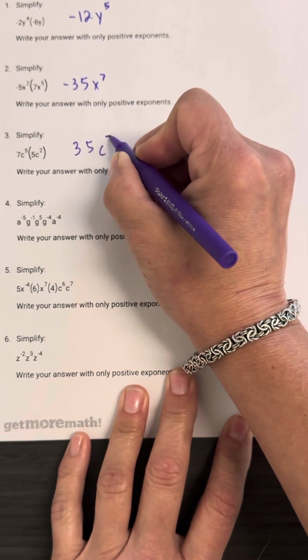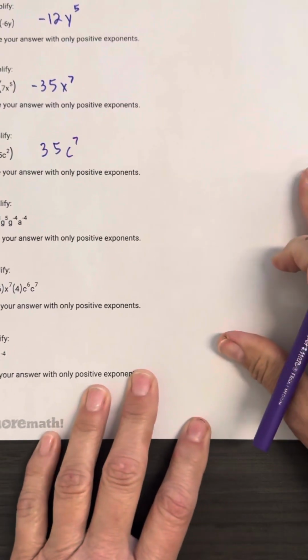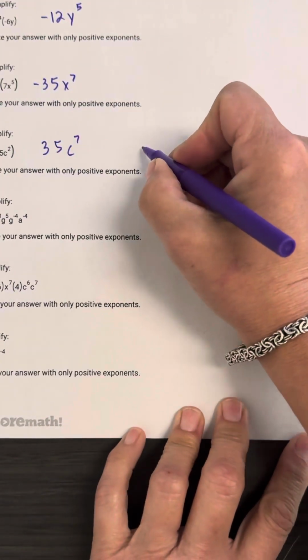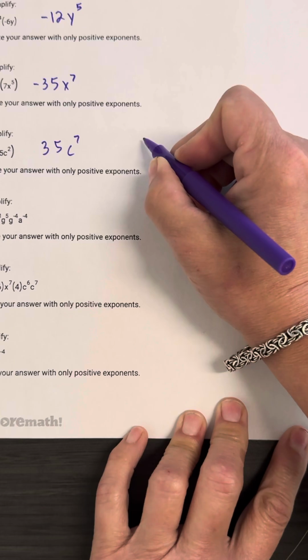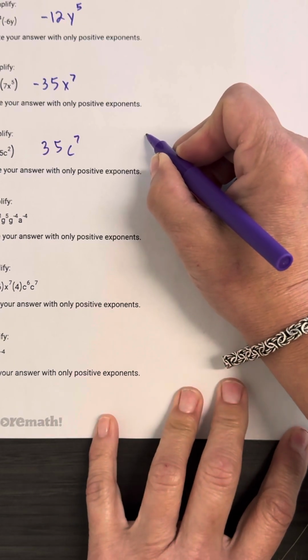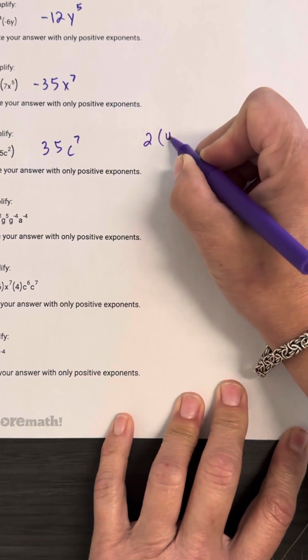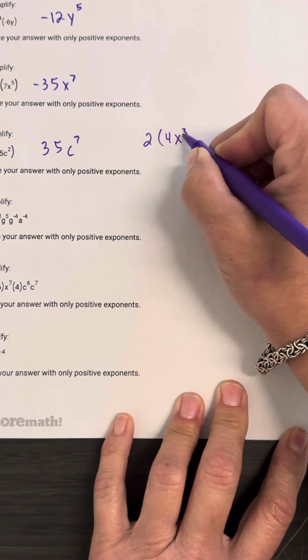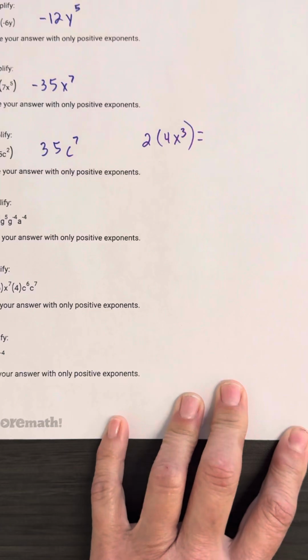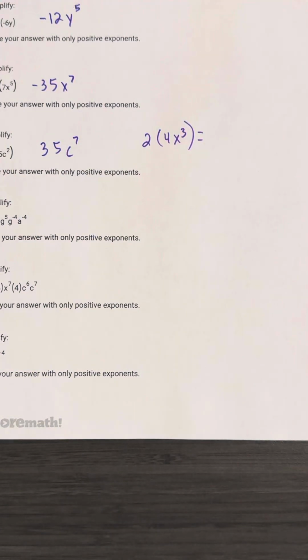35c to the 7th. And for some reason, you don't have to write this one, you can just look. Students have problems with this one. So if you have 2 times 4x to the 3rd, what would you get there? Are there 2 letters?